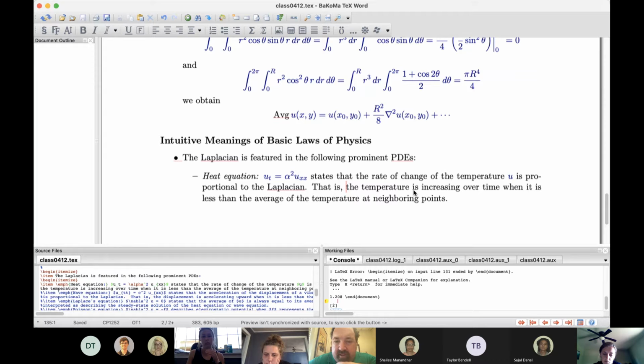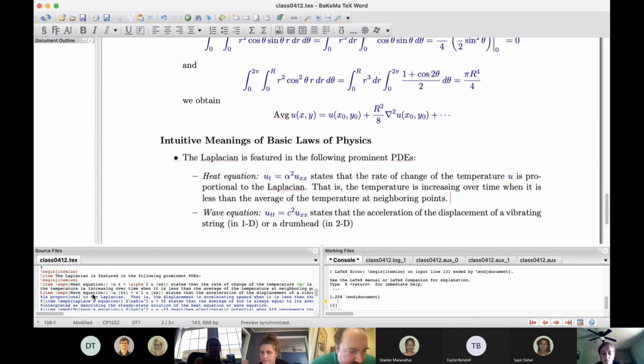The way to physically interpret this in light of what we just saw is that if the temperature is less than the average of temperature at neighboring points, that's going to lead to the Laplacian being positive, and therefore the temperature at that point is going to increase. Similarly, if the temperature at a certain point is greater than the average of temperature at nearby points, then that's essentially concave down, so the temperature will decrease, which makes sense because ultimately you'll get an average temperature in the end everywhere.